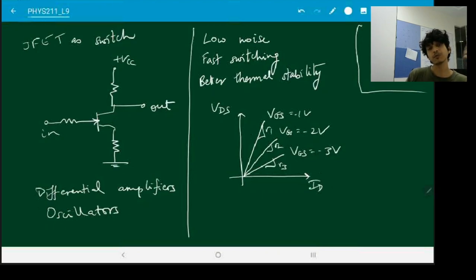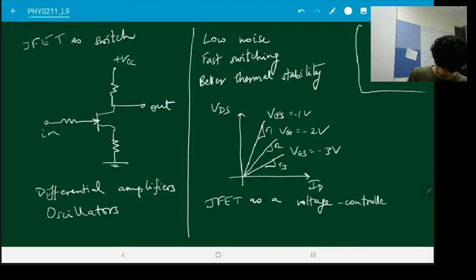If you have a circuit in which, let's say, the voltage gain depends on the amount of resistance that you're putting, then you can plug in this JFET circuit, which will then change the resistance depending on how much VGS you have applied. So your JFET is a voltage controlled resistor. So that's yet another possible application.